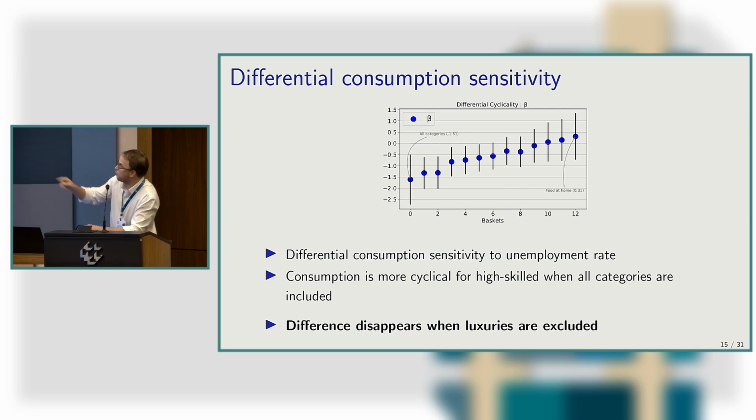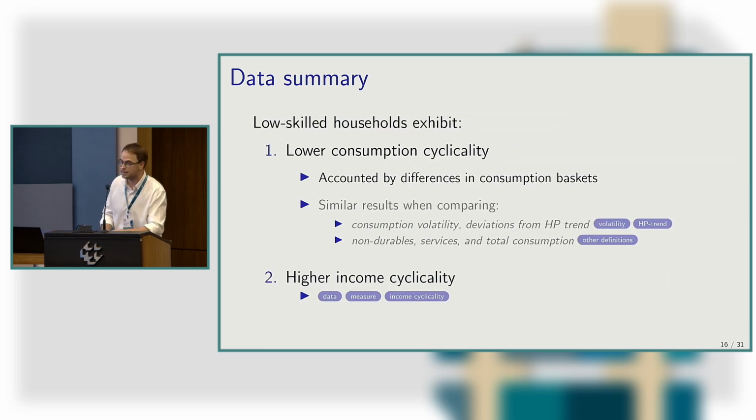The point on the left is the first result when you include all consumption categories, and what we find is that this beta coefficient, which is capturing the differential consumption cyclicality, is very negative. And once we exclude these more luxurious categories, this differential cyclicality decreases and converges to zero. So this is showing that this difference disappears when we exclude the more luxurious component of consumption. Okay, so this is the summary of the empirical part of the paper.